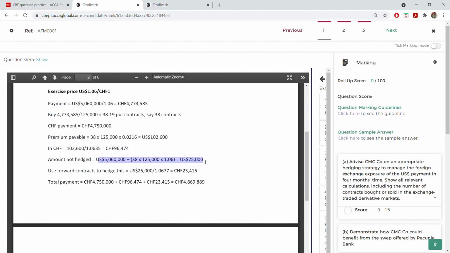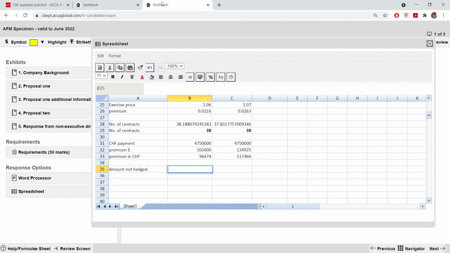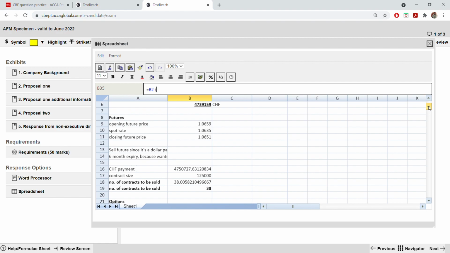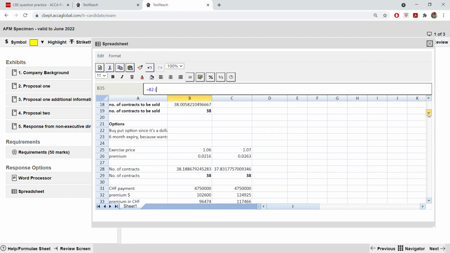This is the way you find the difference. You first have to convert it into dollar, because the payment is in dollar, 5,060,000. Here, this is the payment. From here you minus, put bracket. What is the exercise price? You have already the payment in the Swiss franc.